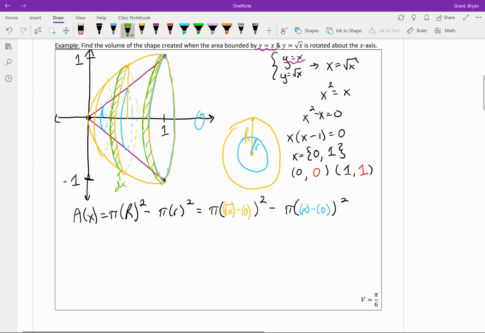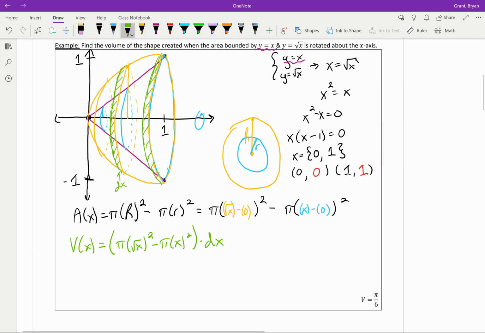So my third dimension gives me my volume formula, and I'm going to simplify this a little bit. It's going to be pi times square root of x squared minus pi times x squared. That's the area. To give volume, we need a third dimension, and there's my dx. Alright, well then we need to actually find the integral of all this, because this will just find us one of these washers.